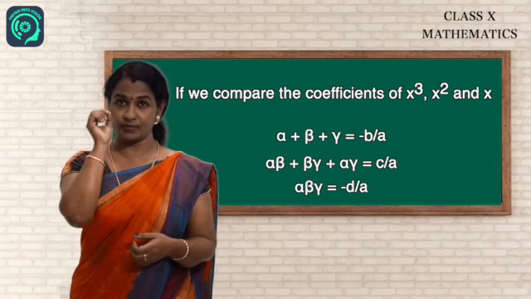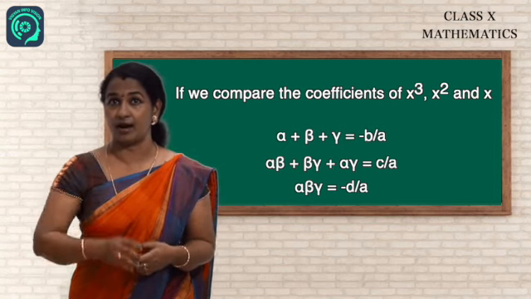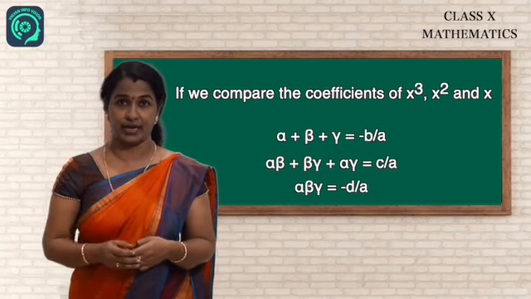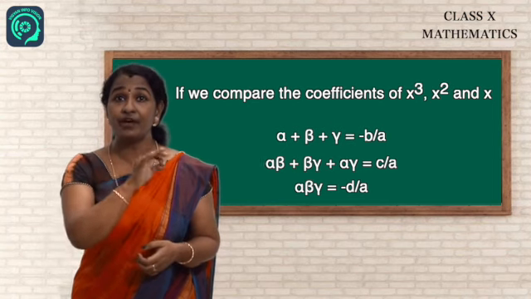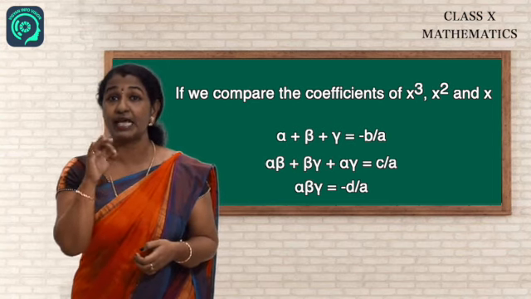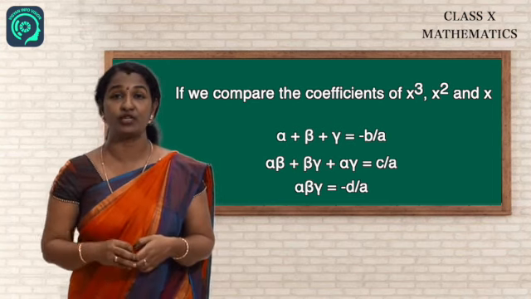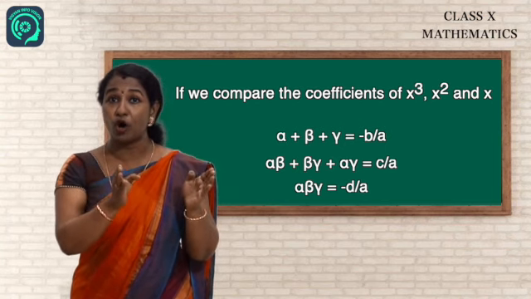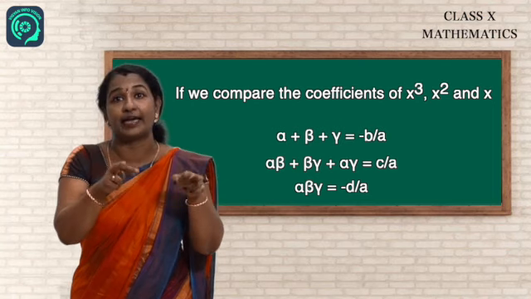That is alpha plus beta plus gamma, the sum of the zeros, is equal to minus b by a. Second one, alpha beta plus beta gamma plus alpha gamma, which is equal to c by a. This is the sum of the product of zeros taken two at a time.